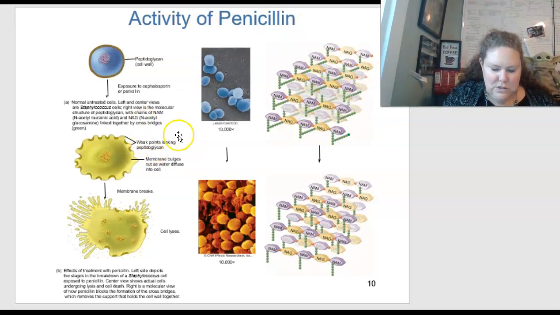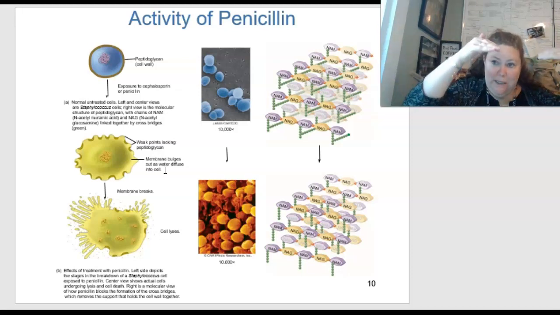And then we can have an exposure to penicillin. Then these weak points that lack that peptidoglycan are going to kind of break, and a fragment of peptidoglycan can break off. The membrane here can bulge out as water diffuses into the cell.